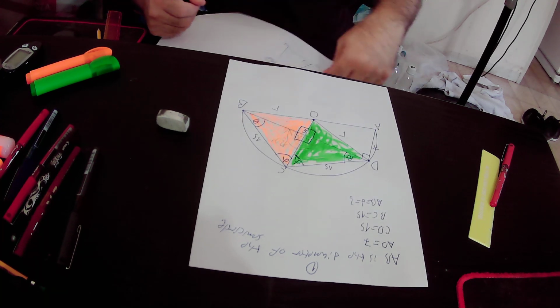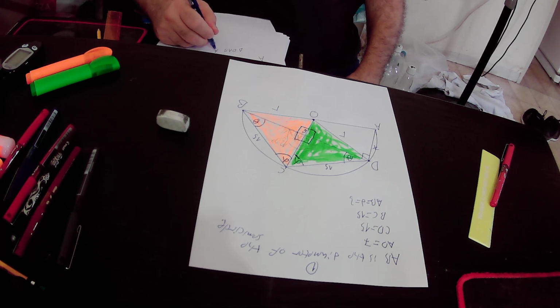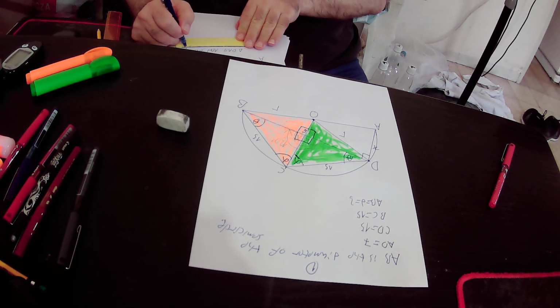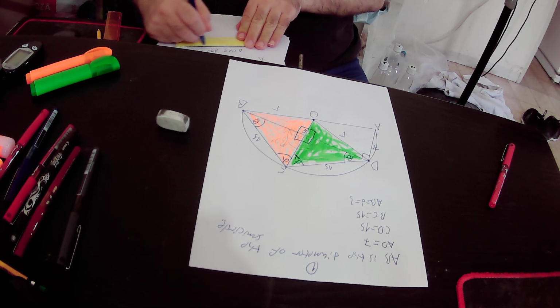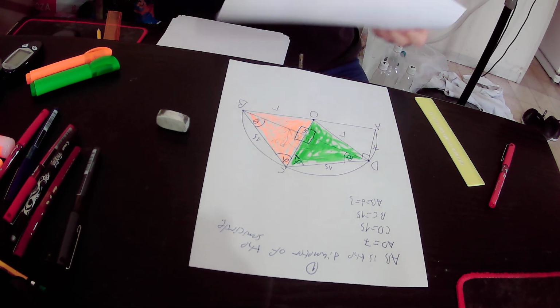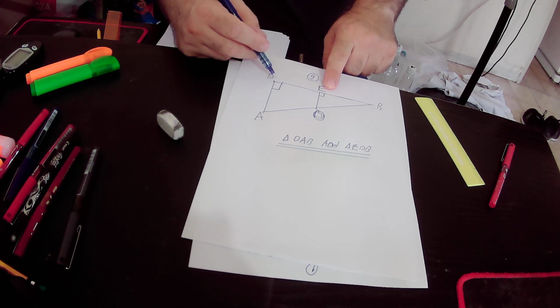So on those two triangles, the big triangle, triangle DAB, and triangle EOB, we know that those two angles are right angles, therefore they are equal to each other.